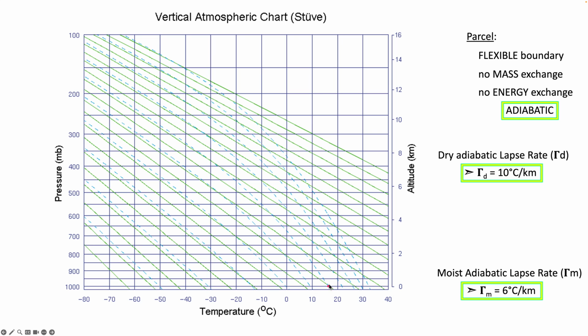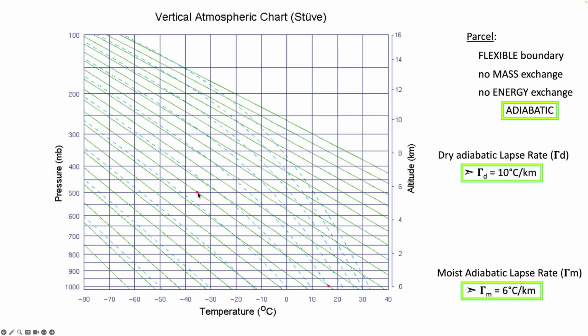Now, because the air inside of this parcel is dry, you're going to lift this dot from 1,000 millibars to 500 millibars along this green diagonal dry adiabat. And you're going to take this dot all the way up to 500 millibars. You're just going to follow this green dry adiabat until you're right here. I'm going to click again, and here's where the parcel will be located.